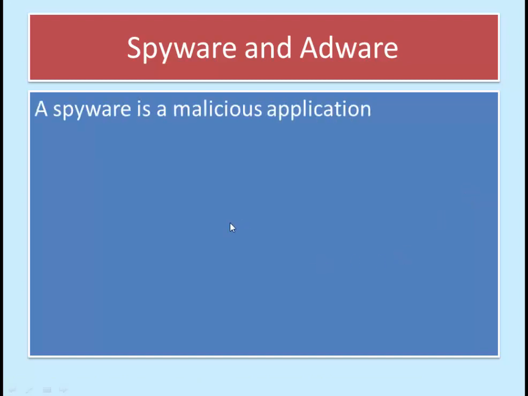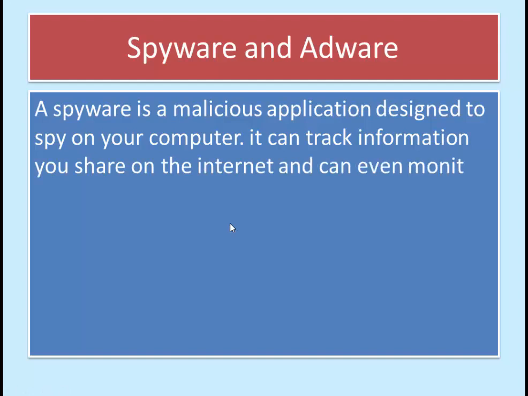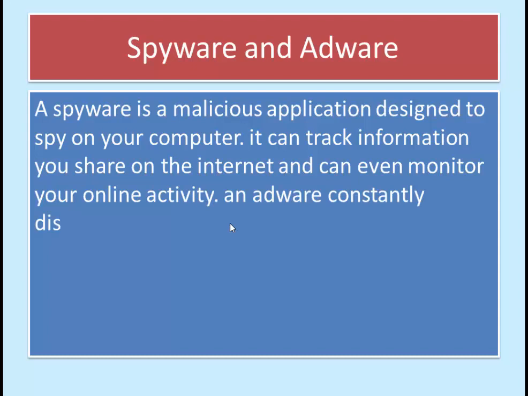Spyware is a malicious application designed to spy on your computer. It can track information you share on the internet and can even monitor your online activities. So what is spyware? Spyware is software that will continuously monitor your activity on your computer while you are connected to the internet.